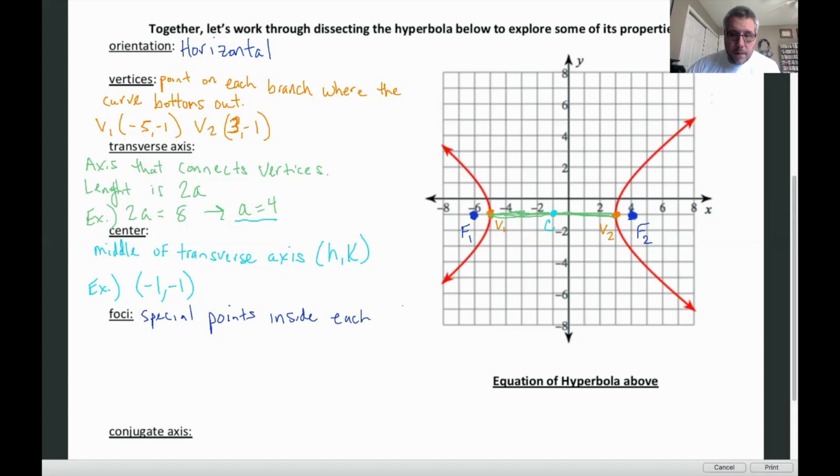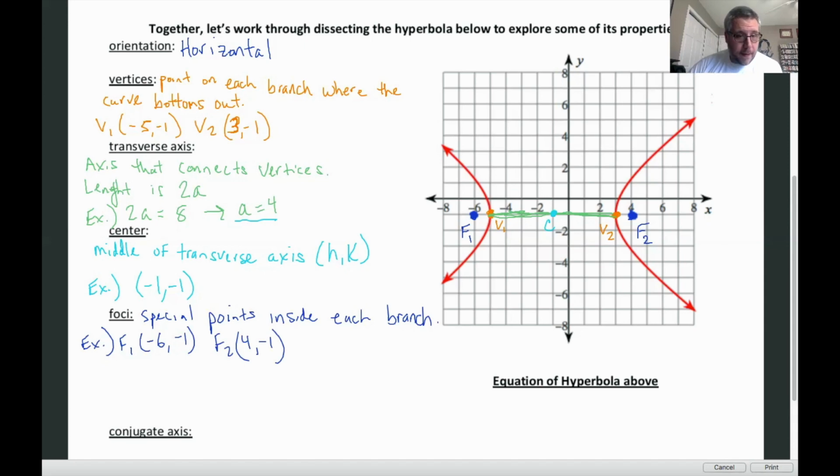For example, in this particular problem, the first focus point, foci is plural, is right here, so that is at (-6, -1). And the second one is at (4, -1).